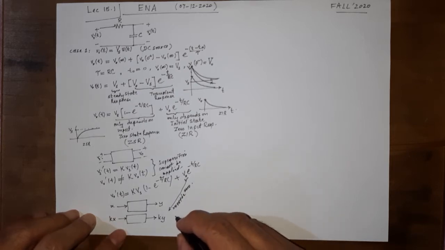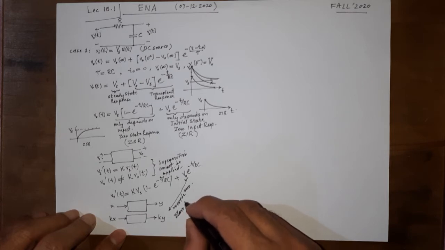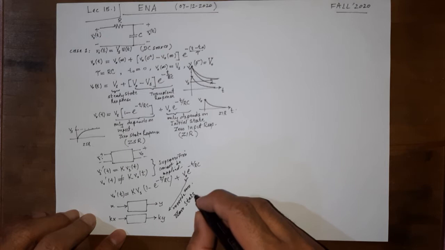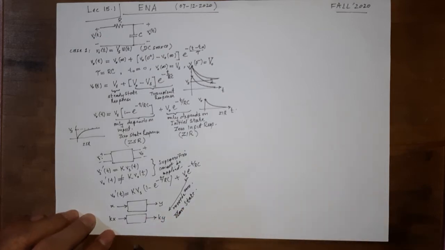What does it mean? No zero state. Let me use the proper words. Zero state must be assumed for this to be true and superposition to be applied.